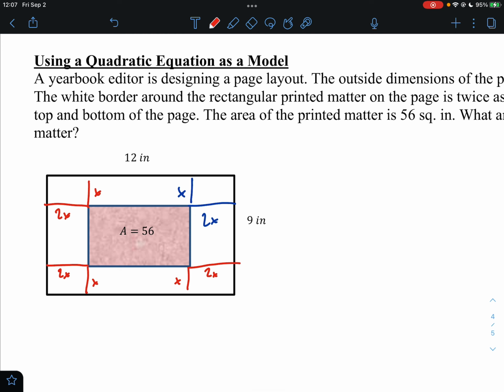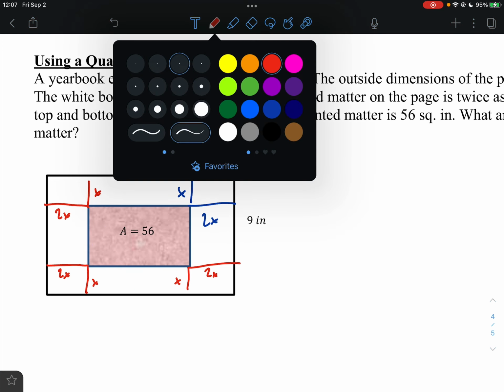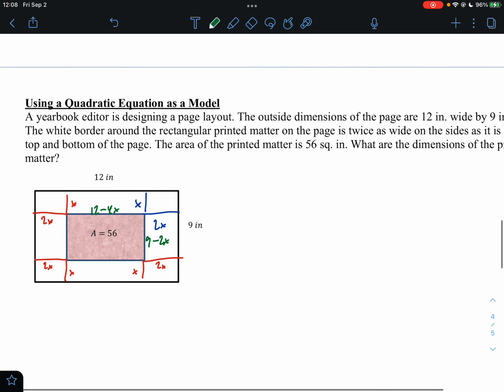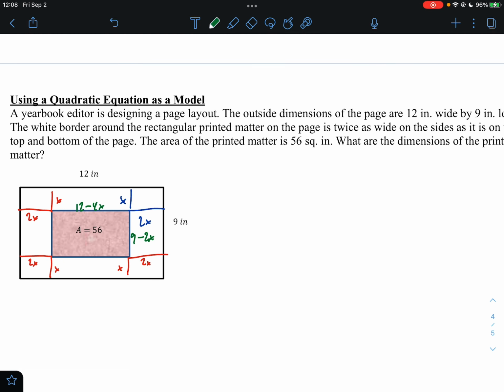So the dimensions of the rectangle in the middle are going to be 12 minus 2x minus 2x, so minus 4x. And then the right side and left side will be 9 minus x, or minus 2x. I know the area is 56, so I know (12 minus 4x)(9 minus 2x) equals 56.